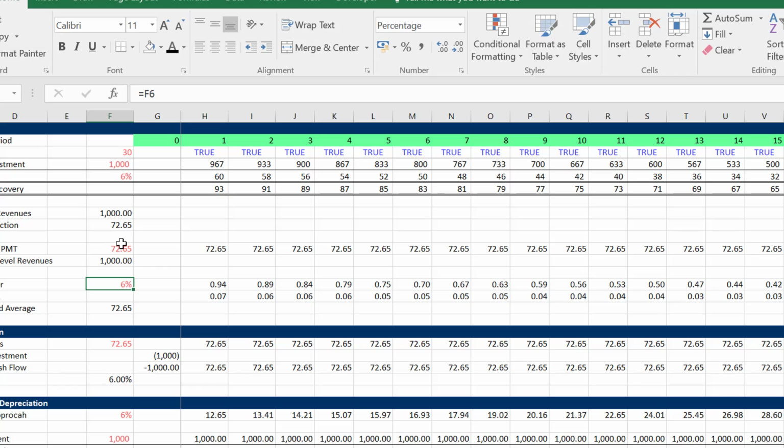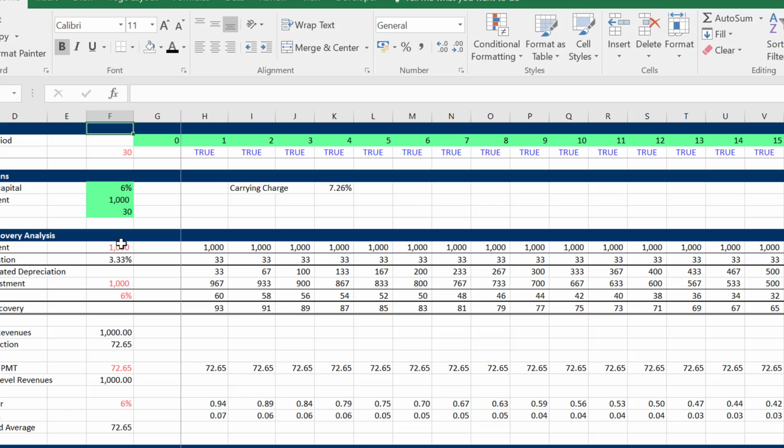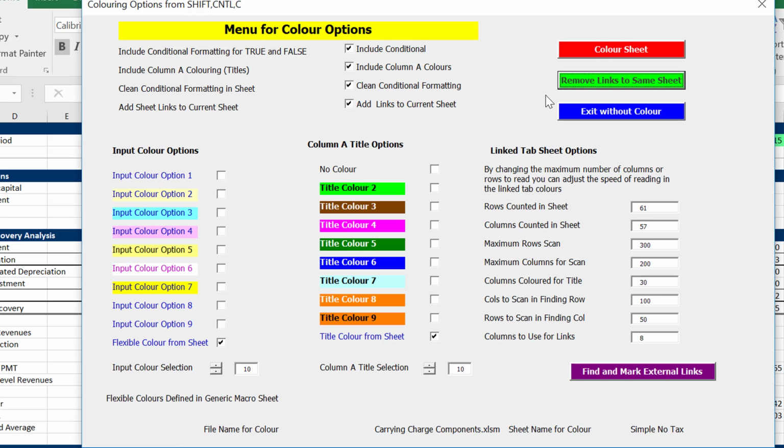Now we just have the regular old little numbers there. Okay? Shift alternate C. And you have to have the generic macros open. That's it. When I first started making the videos, it was all complicated and everything else. And just press this off if you don't want to add them to the sheet. And this says when to start the columns. You might not want to do them in all the columns throughout the sheet. So I've been working on that.